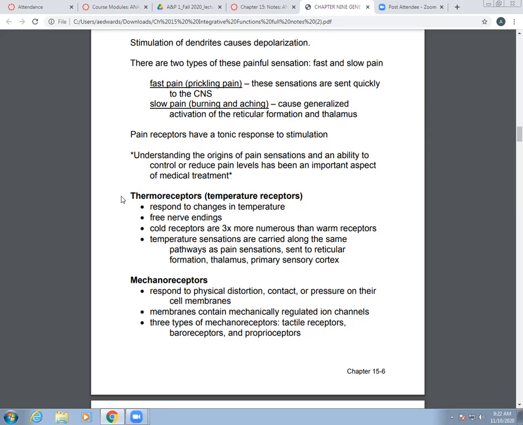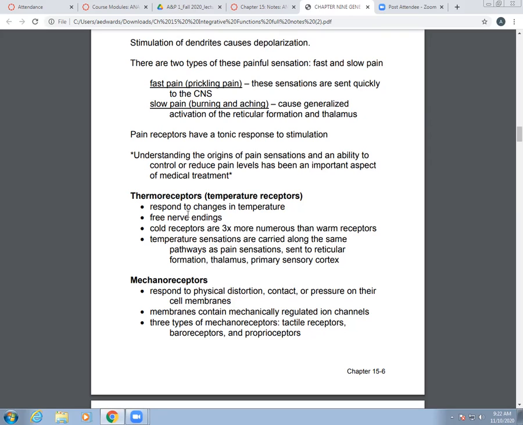All right, so we covered the nociceptors. Let's talk about the temperature receptors or thermoreceptors. So obviously, as the name suggests, they're responding to changes in the temperature. And there are these thermoreceptors. You have free nerve endings. And relative to warm receptors, you have 3 times as many cold receptors.